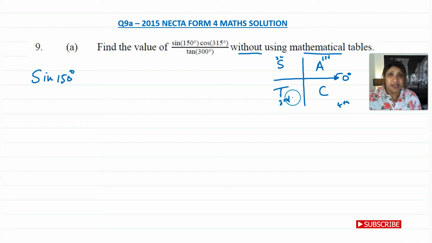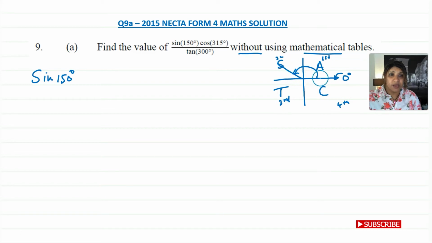So we have sine 150 degrees, and we need to start from this reference line. 150 degrees is our principal angle. We need to find the acute angle that is equivalent to that one. Here is your 0 degrees, and anti-clockwise is a positive movement. So 150 degrees is this angle from here to here.